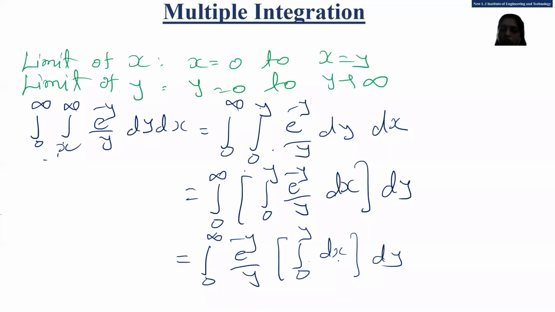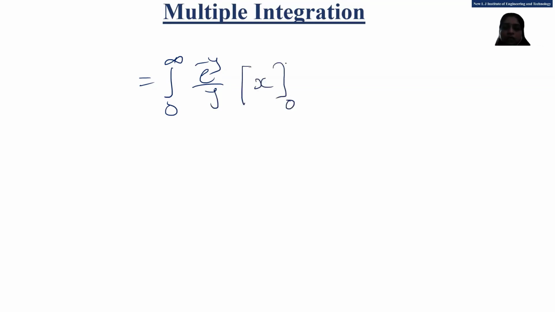So integration of 1 with respect to dx is what? That is just x. So it is equal to 0 to infinity e raised to minus y upon y, times integration of 1 with respect to x, and limits are 0 to y. After substituting the limits, 0 to infinity e raised to minus y upon y, here y minus 0.